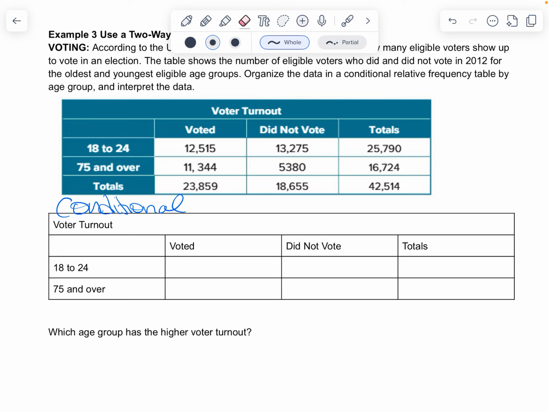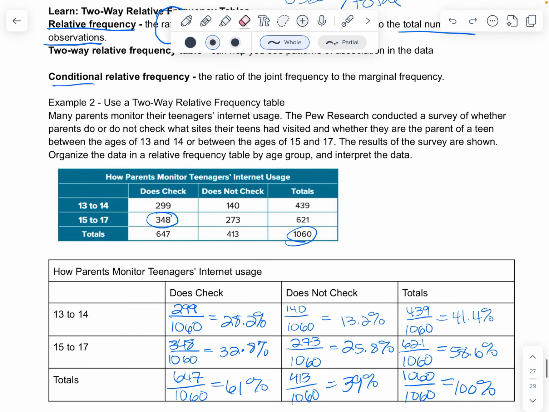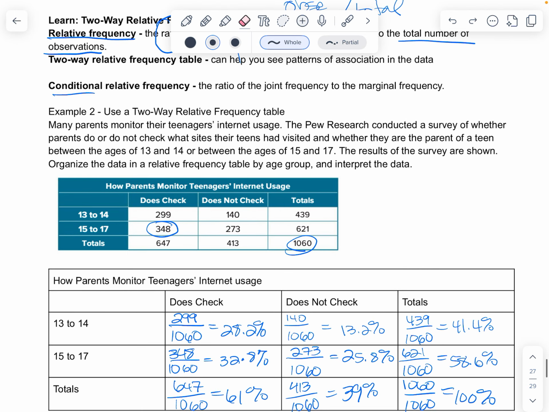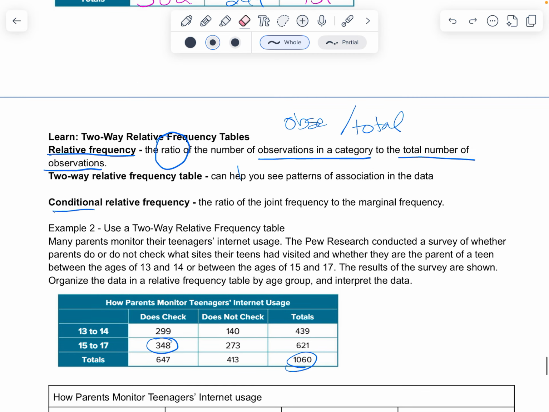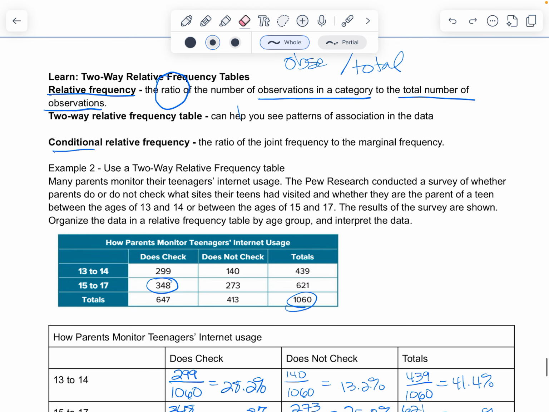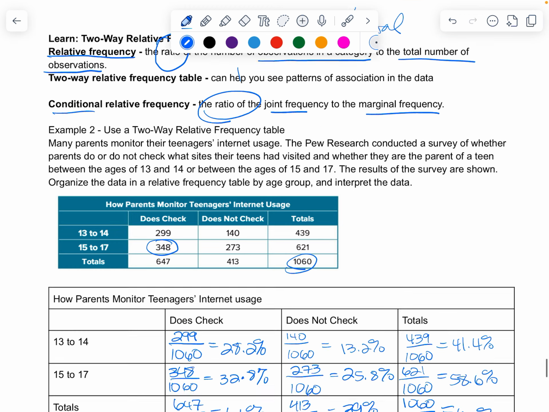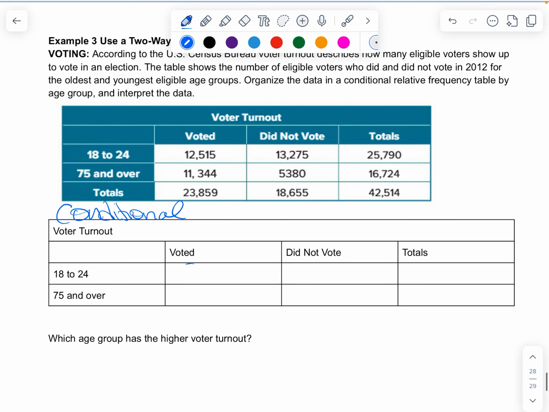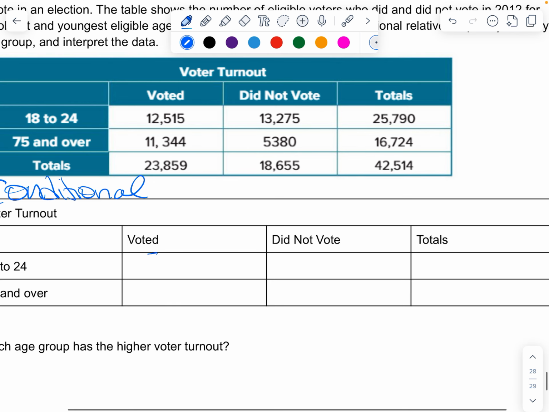This one's a conditional relative. This right here was just a relative frequency, okay? So this one up here was just the ratio between those two, and you find the percent. This one is a conditional, so it's a ratio of the joint frequency to the marginal frequency.